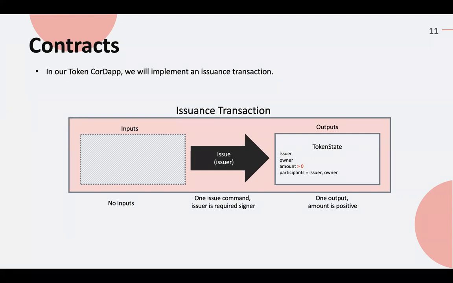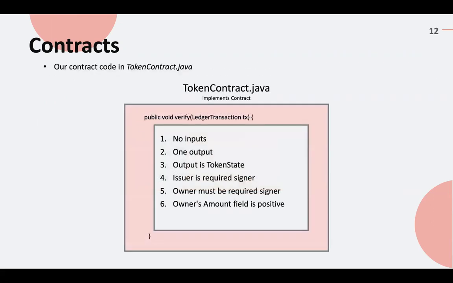So issuance transactions do not consume an input. And usually the required signer is just the issuer. So that's an important caveat to keep in mind. It's not a particularly complex thing, just something to be aware of. In our case, we're just going to be doing an issuance transaction. And so what might an issuance look like in our contract?